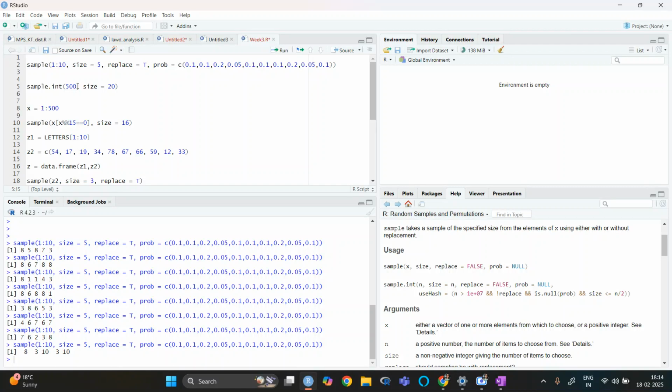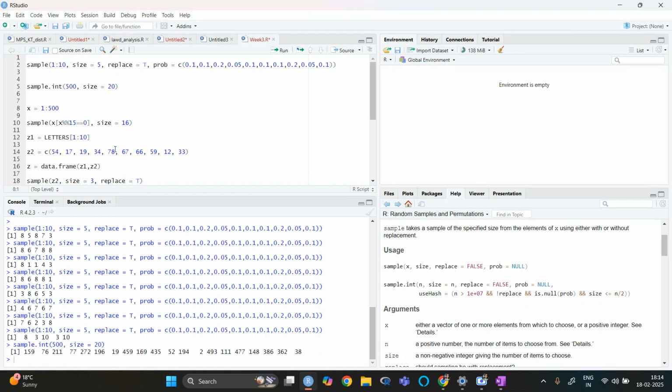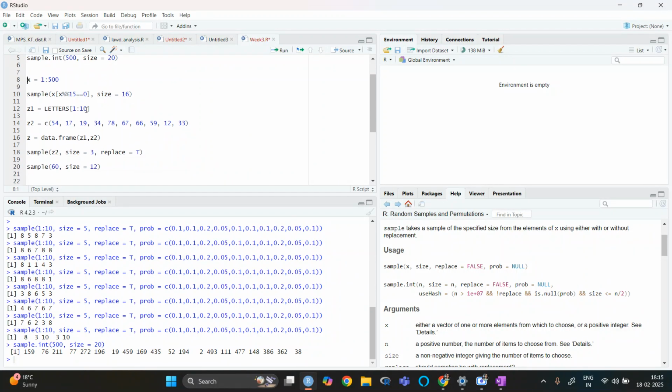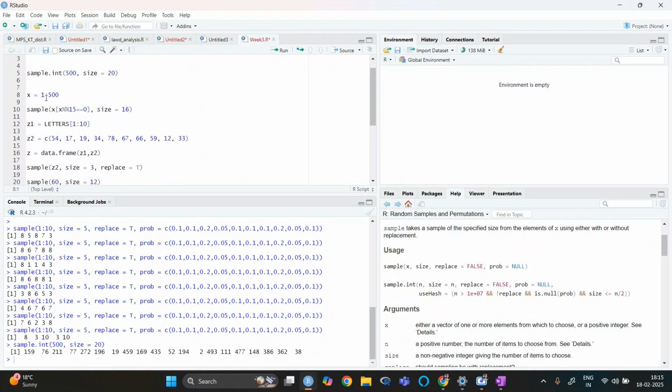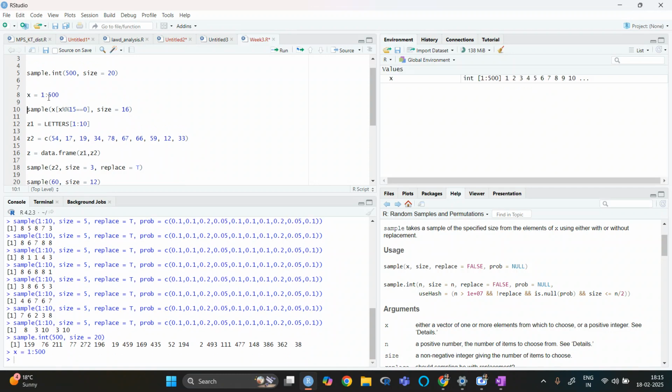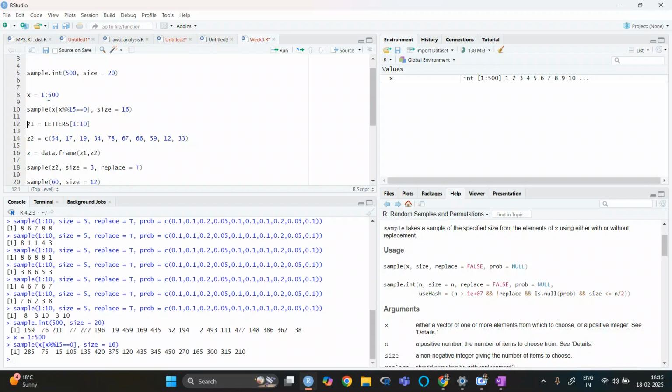So in sample.int, all we need to do is give n, and in place of 1 to 10, we need to give just 500 and then size 20. So it will take any 20 numbers in between 1 to 500. The other way is that we can choose, like if I will run this, x is 1 to 500 and sample is from x such that x is divisible by 15.